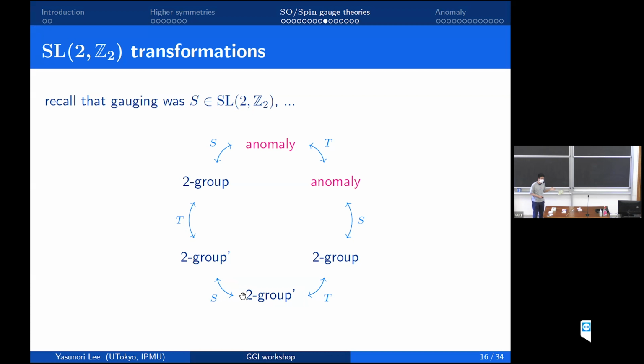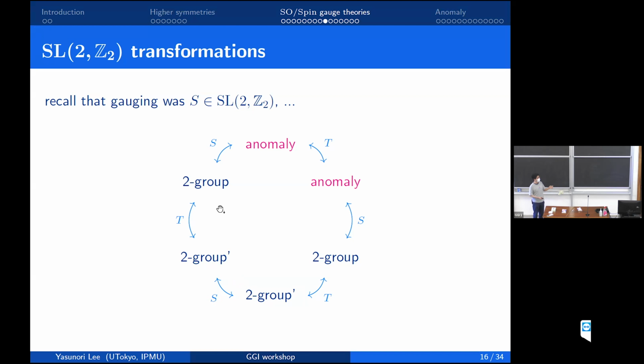But here it seems to me it's the same two-group symmetry, the prime one on both sides, right? You mean the gauging before and after is the same? Yes. I'm not sure about the deep insight about this, but it turns out that this is the case. Okay, thanks.